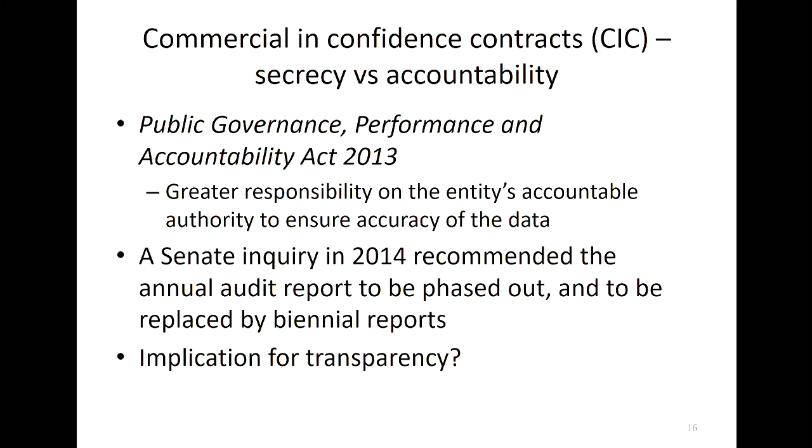They have a responsibility to ensure the accuracy of the data. Applied to confidentiality provisions, the accountable authorities would have a responsibility to ensure that any listing or reporting of confidentiality contracts is correct.